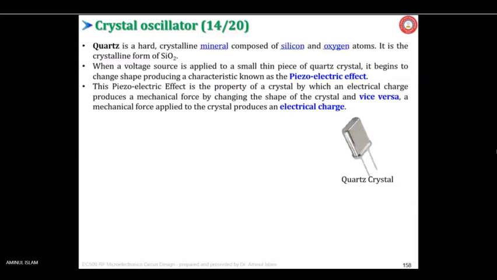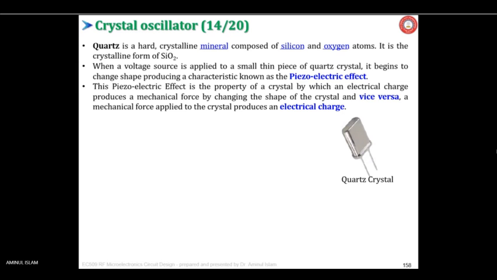Now we'll start crystal oscillator. Two oscillators are mentioned in your syllabus. One is what we have discussed, Wien bridge oscillator, and then another one is crystal oscillator. And Wien bridge oscillator has a limitation of its frequency response.